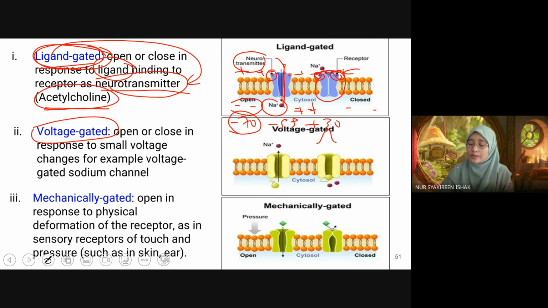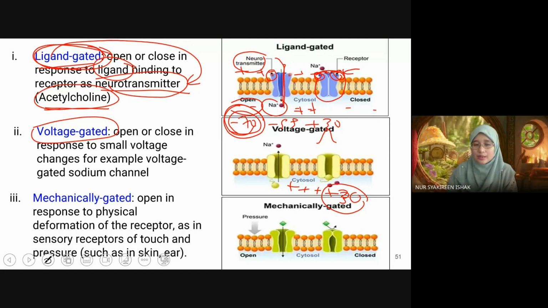Due to more sodium ions entering, the inside becomes positively charged. So the change in voltage, for example from negative 70 to positive 30, causes the voltage gated channel to open and allows more diffusion of sodium ions.